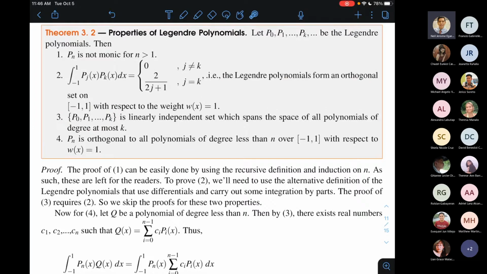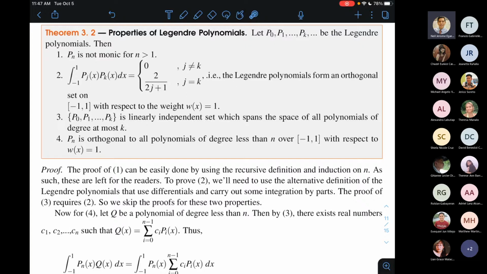And then property 3: the Legendre polynomials P_0 until P_k are linearly independent. And not just that, they are linearly independent and they span the space of all polynomials of degree at most k. So this says that if we collect all the Legendre polynomials from degree 0 up to degree k, then that set spans all polynomials of degree at most k.